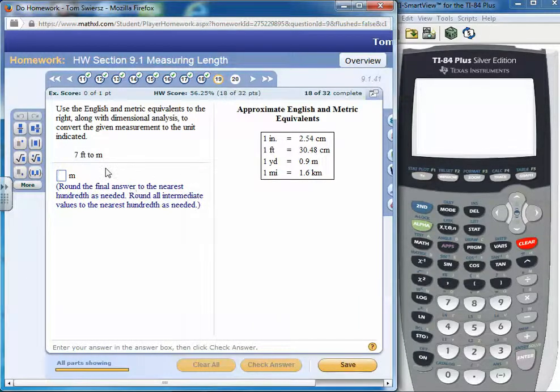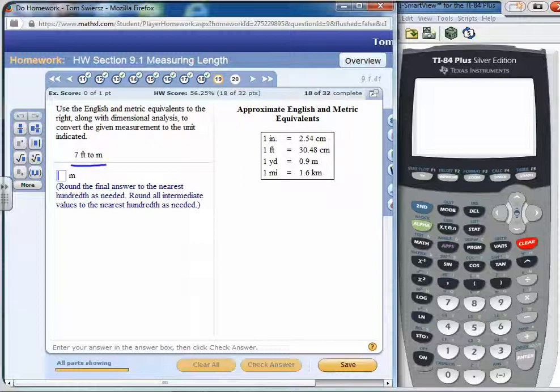Question 19, 7 feet to meters. Okay, now again, we don't have anything from feet to meters, but we have feet to centimeters. So what we can do is feet to centimeters and then centimeters to meters by a metric conversion.